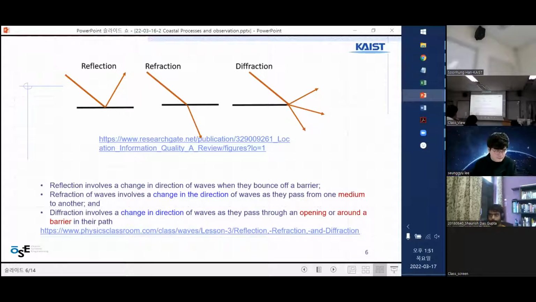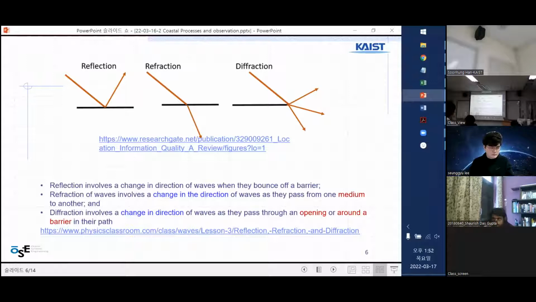Refraction and diffraction: the fraction is the same, meaning change in direction. Those two are the same. But refraction comes from going from one medium to another. So air is here, water is here, so that light is going in another direction, right?